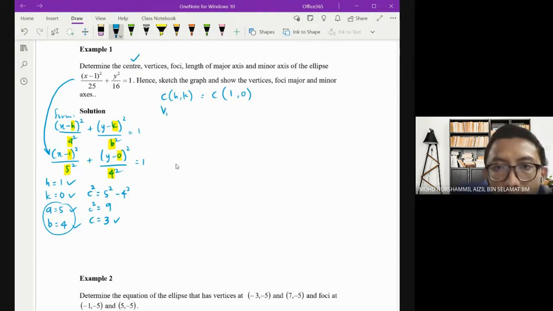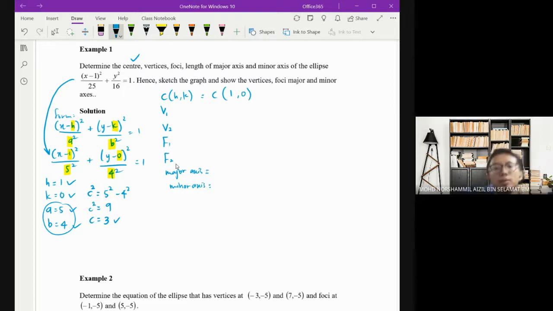Okay. V1 pula, vertex 1. And then of course we need to find vertex 2. And then F1. And then F2. Lepas tu length of major axis, minor axis. These are the questions that we need to answer.